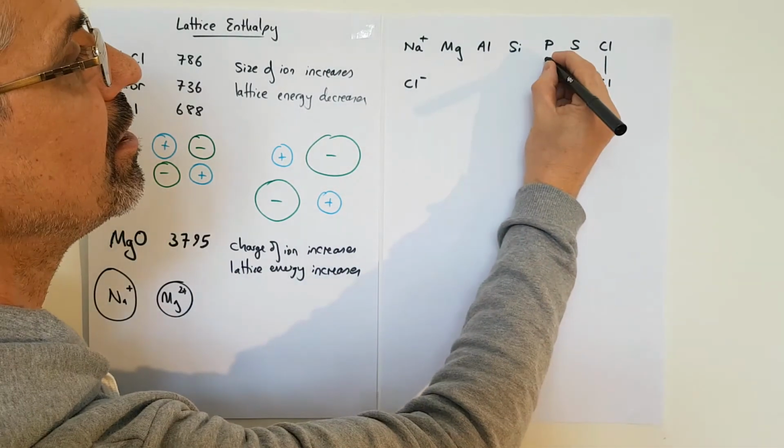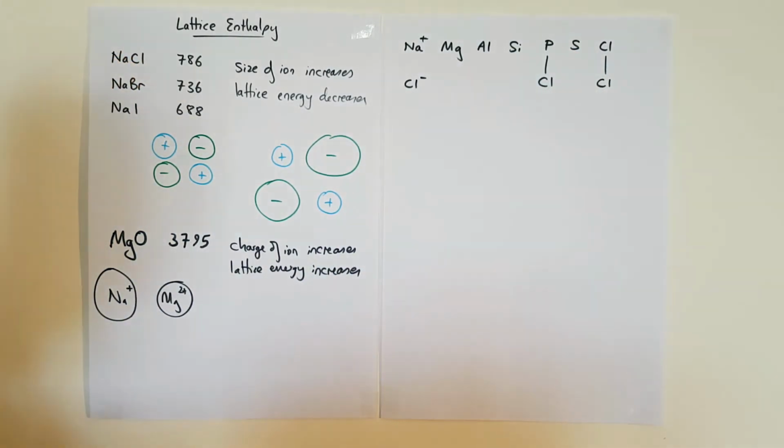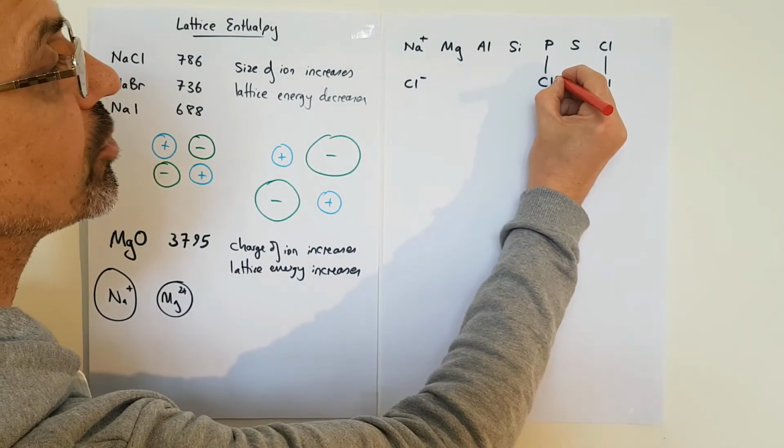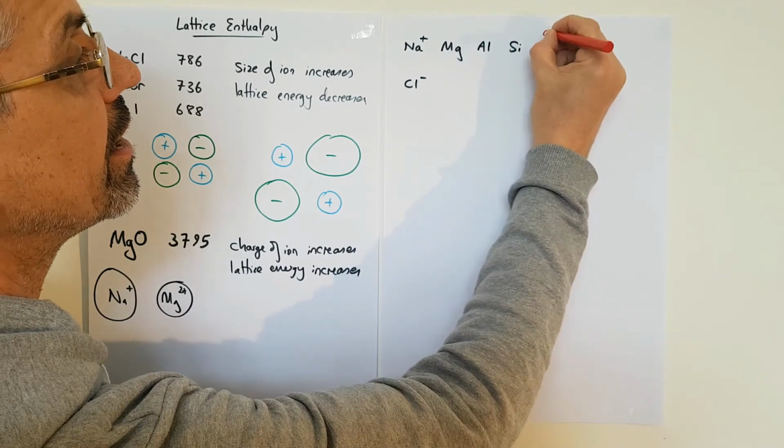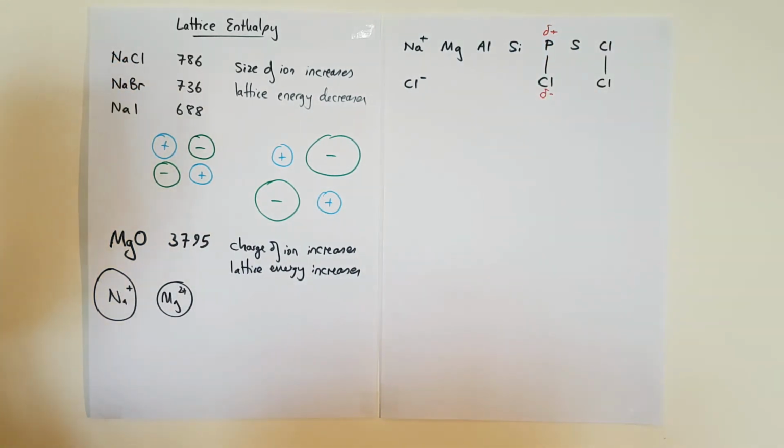But if I had phosphorus bonded with chlorine, well, then of course chlorine is more electronegative, and that would give the chlorine a greater share of the electrons than the phosphorus. It's still covalent, but with some ionic character.